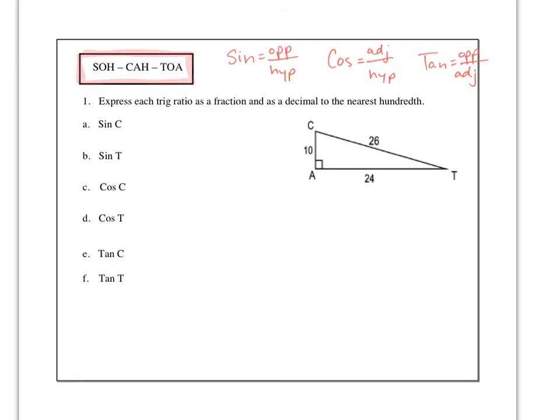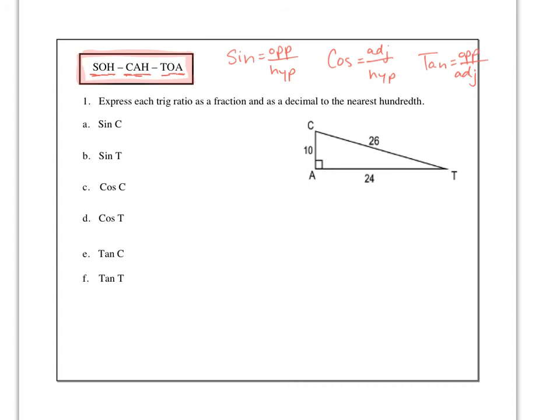And SOHCAHTOA stands for: Sine is opposite over hypotenuse. Cosine is adjacent over hypotenuse. Tangent is opposite over adjacent. So if you can remember SOHCAHTOA, then you'll remember the order that the ratios go in.